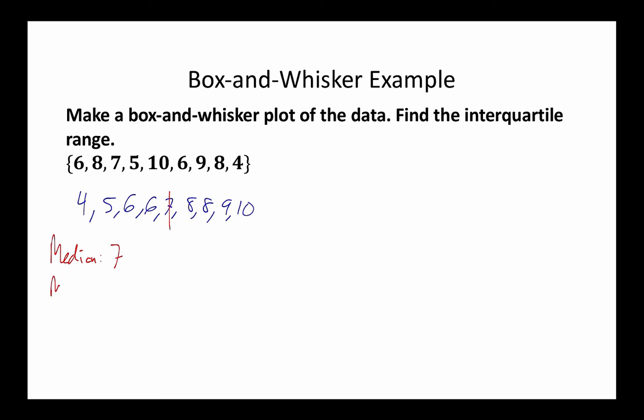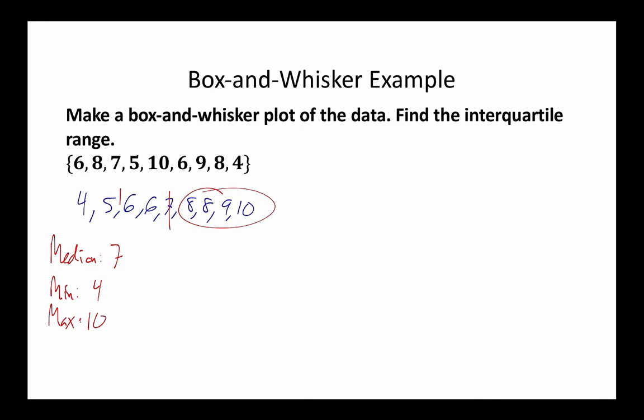Other key points we need are our minimum, which in this case is 4, our maximum, which is 10, and then the quartiles. To find our quartiles, we look at the lower half and the upper half separately. That 7 is not in the lower half, nor is it in the upper half.